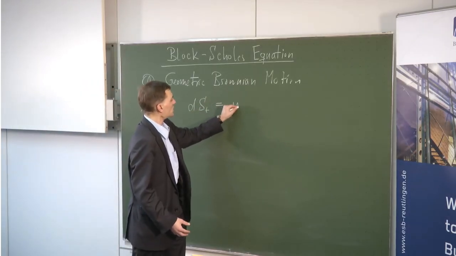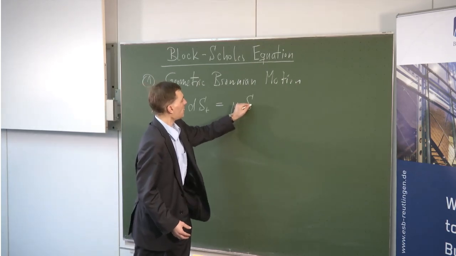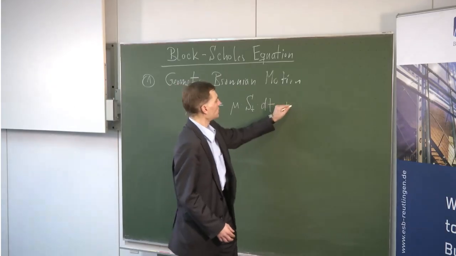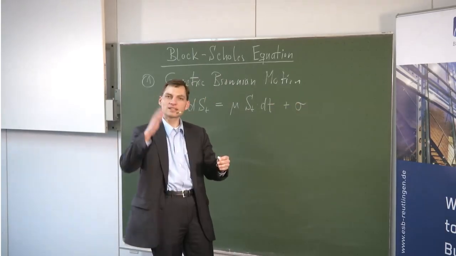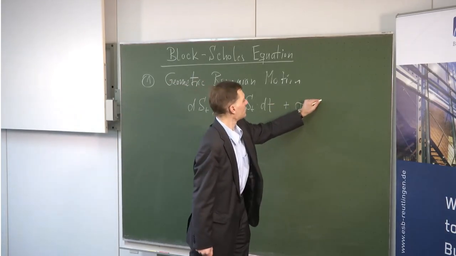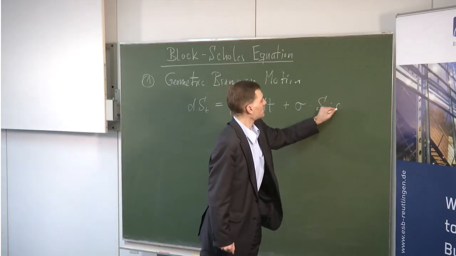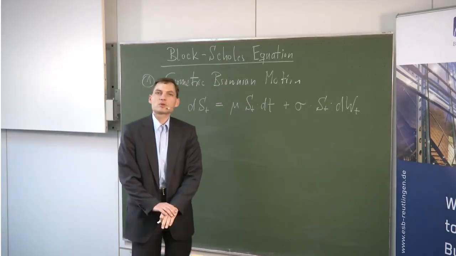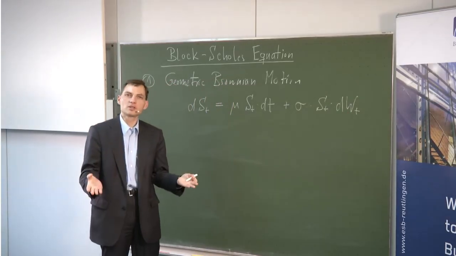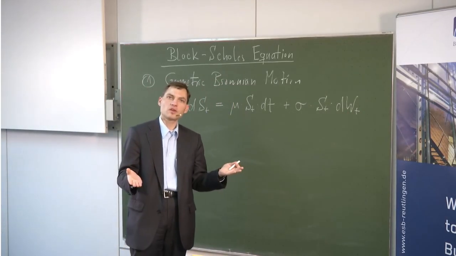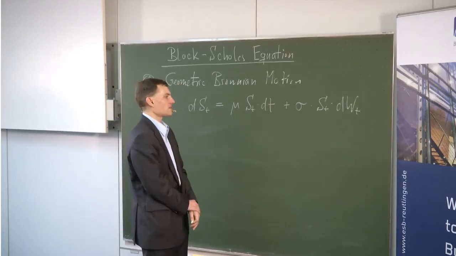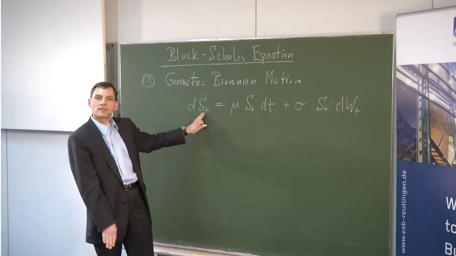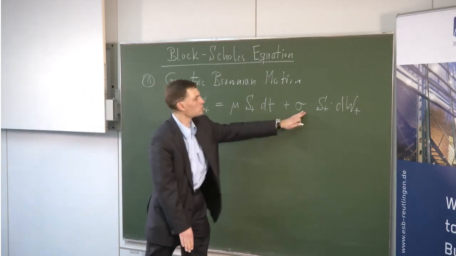There is a constant term, mu times the stock price, times dt, and a second component, which is sigma, the volatility, the fluctuations of the stock price, times the stock, times dW_t. dW_t is a stochastic process or a Wiener process, and we have talked about stochastic processes and Wiener processes in a previous class.